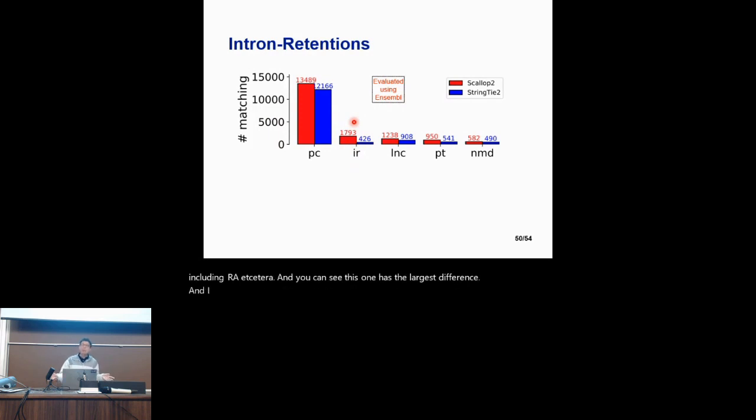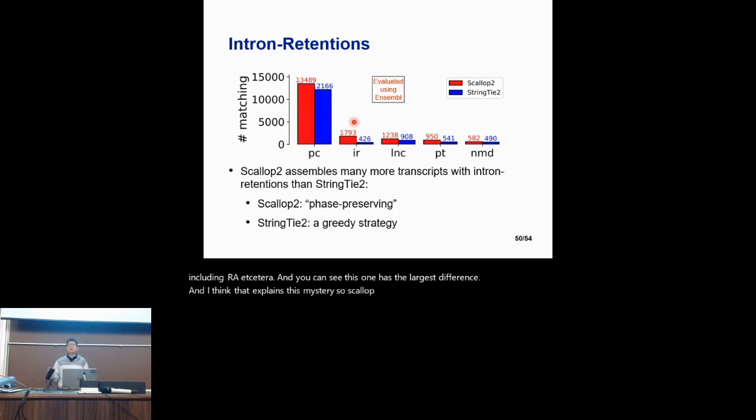And I think that explains this mystery. So Scallop2 predicts lots of transcripts with intron retentions, and those will be evaluated by Ensembl as true positives, but as false positives by RNA-seq.